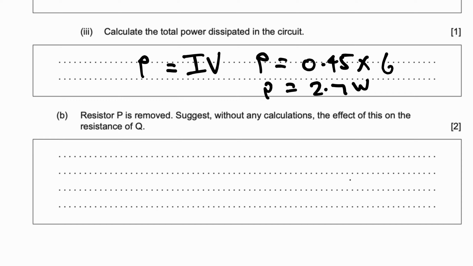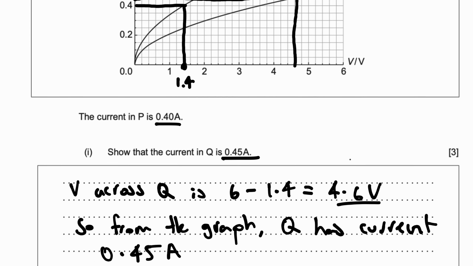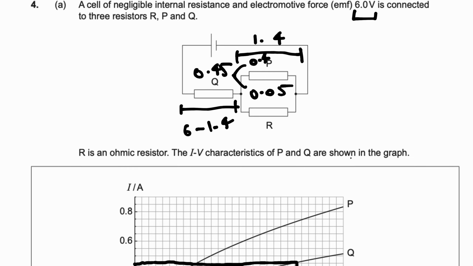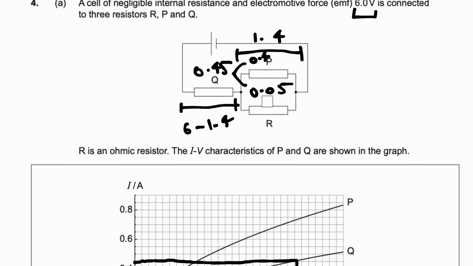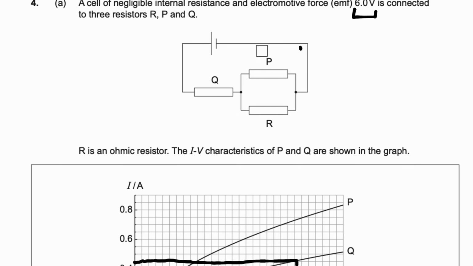And part B, resistor P is removed. Suggest without any calculations the effect of this on the resistance of Q. Okay, so basically in the circuit, let me just erase everything so it's easy for you to see. In the circuit, you have a parallel connection inside of a series connection.